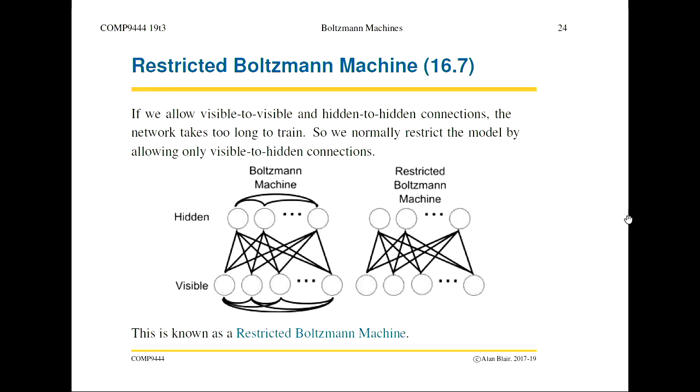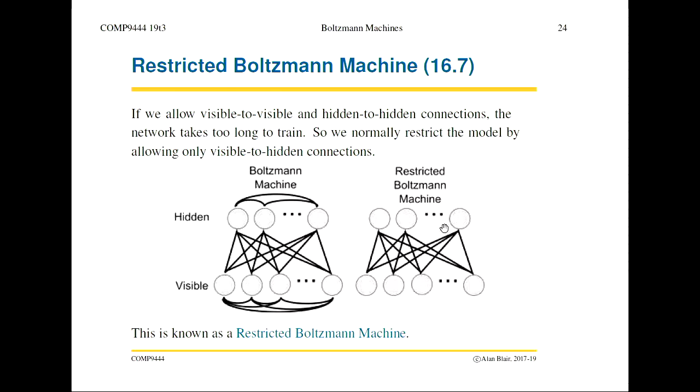But the great advantage of restricting the connections is that we can update all the hidden nodes independently. If we think of a certain hidden node and we're trying to decide whether it should switch between 0 and 1, we don't need to consider the value of the other hidden nodes, we only need to consider the input nodes.